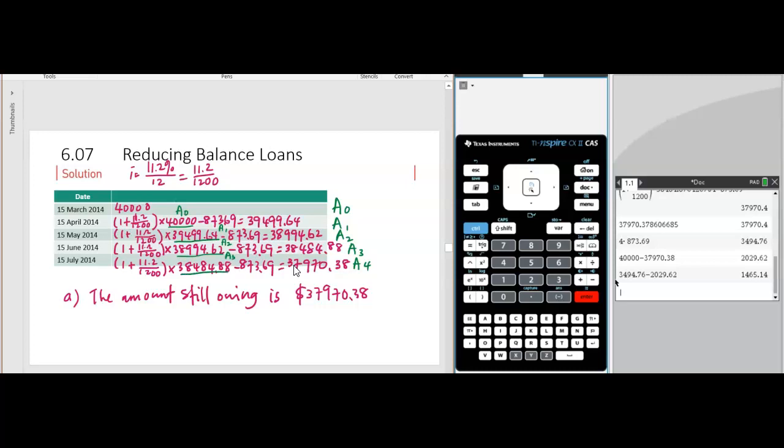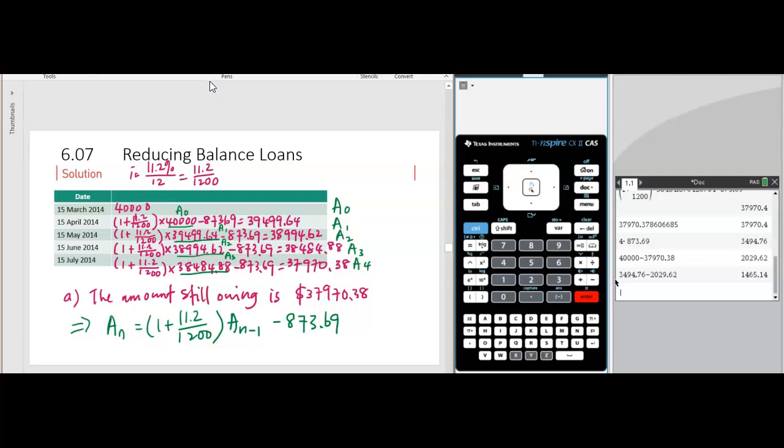So what is the common pattern that you can see? You have AN equals 1 plus 11.2 over 1200 times AN minus 1 minus 873.69.